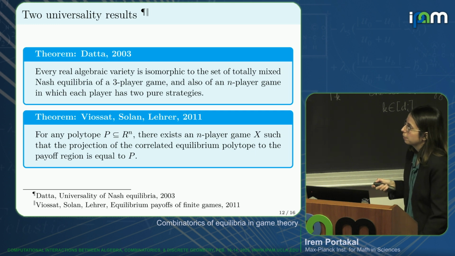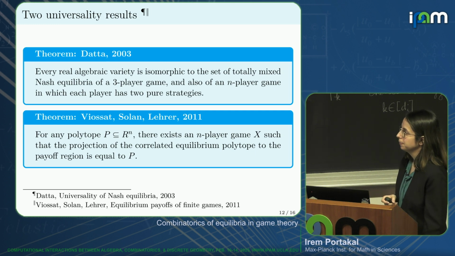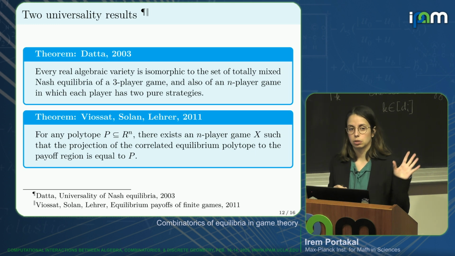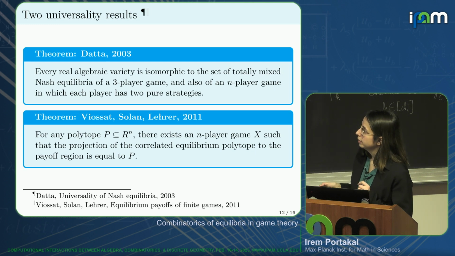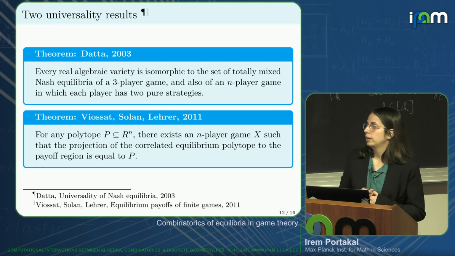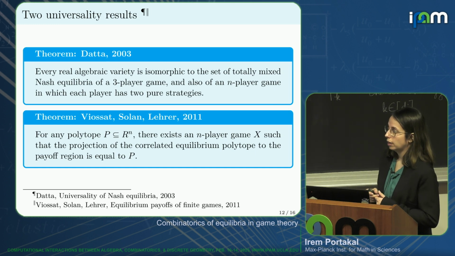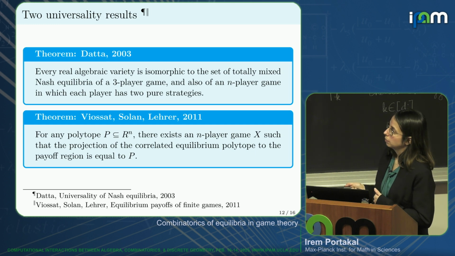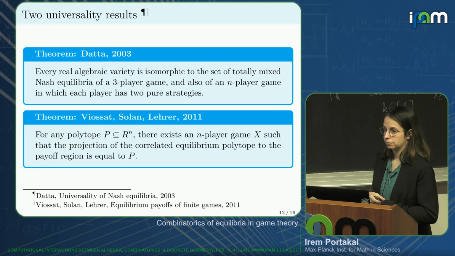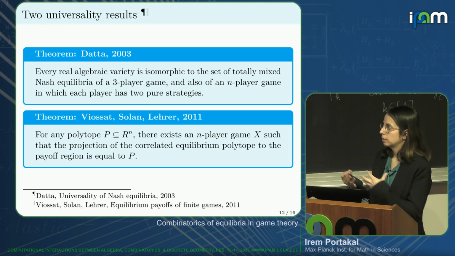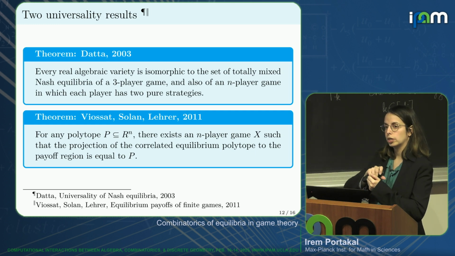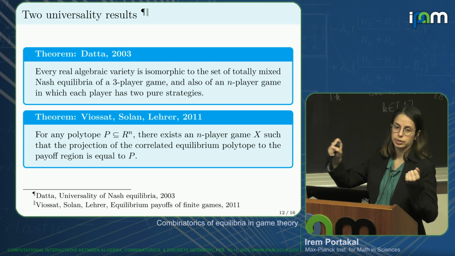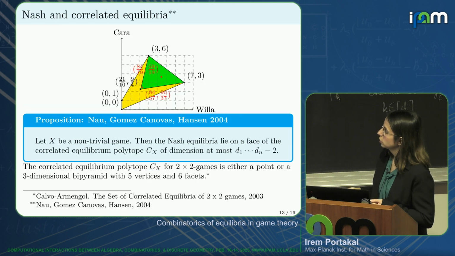The second one is about correlated equilibria. You can start with any polytope P in R^n. Then there exists an n-player game such that the projection of the correlated equilibrium polytope of this game is equal to the polytope that you started with. The projection is under the expected payoffs that I showed you in the beginning, which is this one.